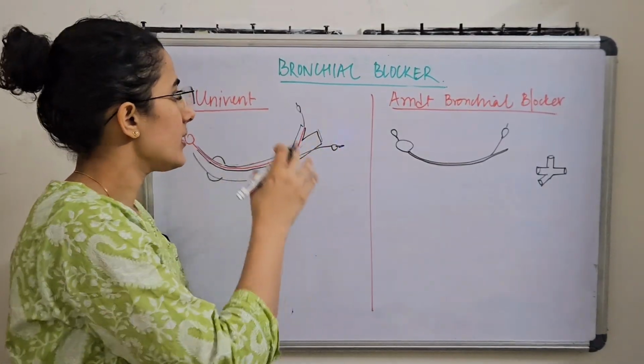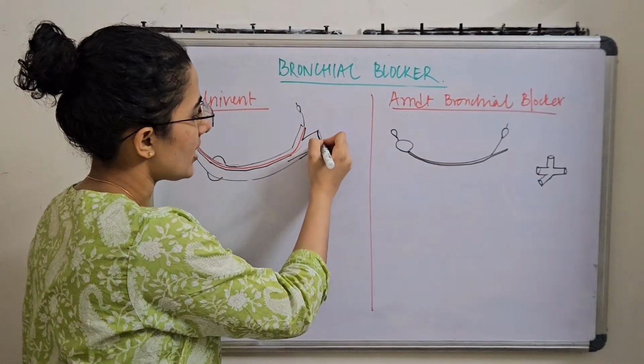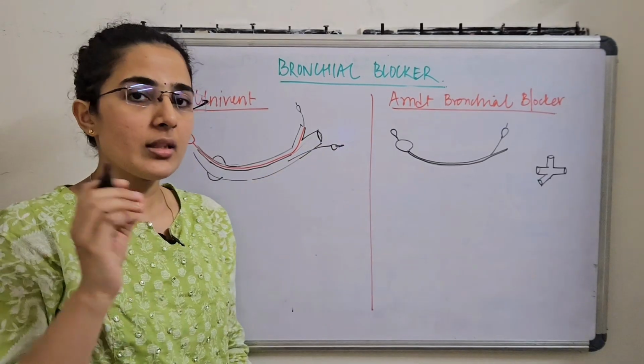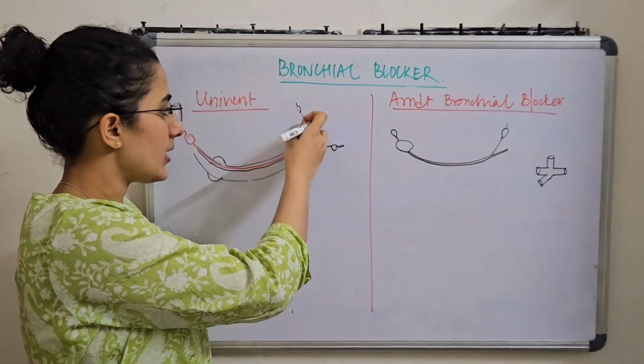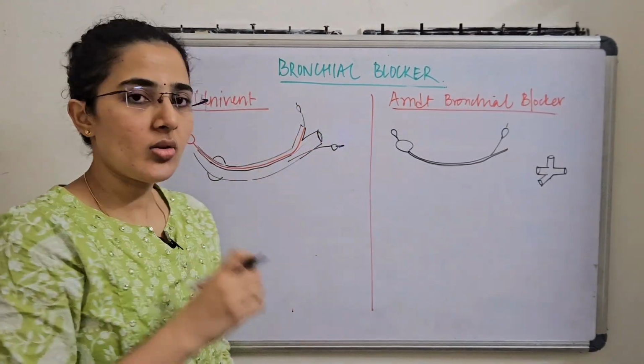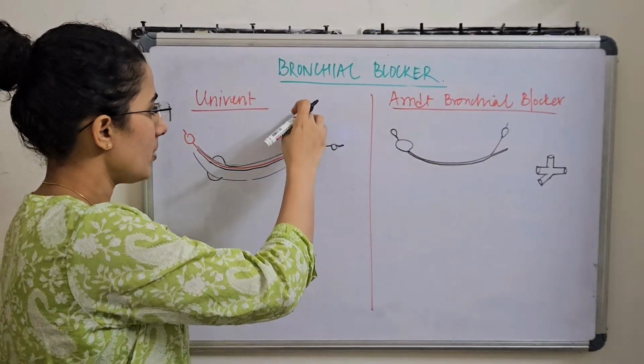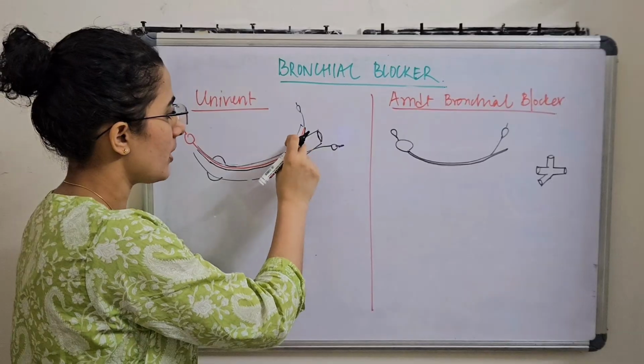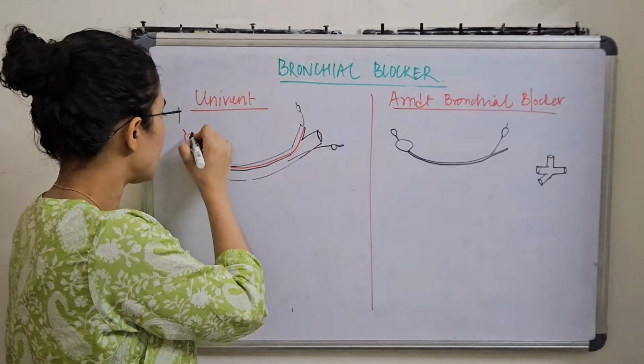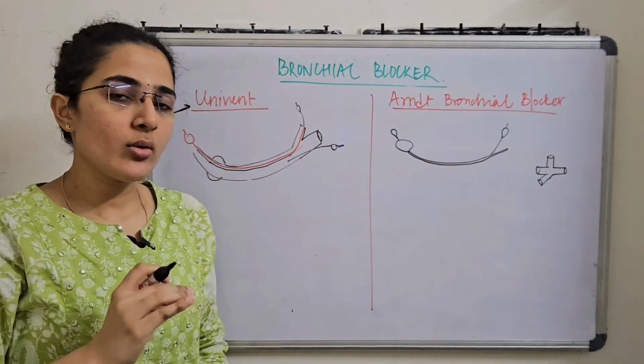Basically, this Univent blocker contains one main channel, the tracheal lumen, for the passage of gases, and a smaller channel for the passage of the bronchial blocker. The distal tip of the blocker will be radio opaque.